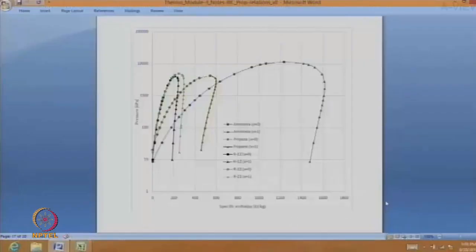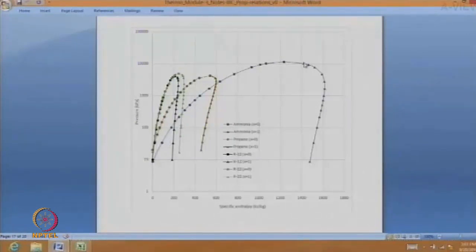And now we'll see a few more substances and see one important aspect. Same thing as what we have seen so far: specific enthalpy on the x-axis, pressure on the y-axis, on a logarithmic scale. But what I've done here, and this is data taken from the tables and I just made the plot myself, is this side, this is the chart for water. On the left side are saturated liquid states for water.